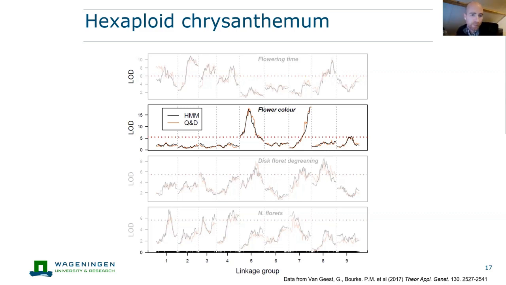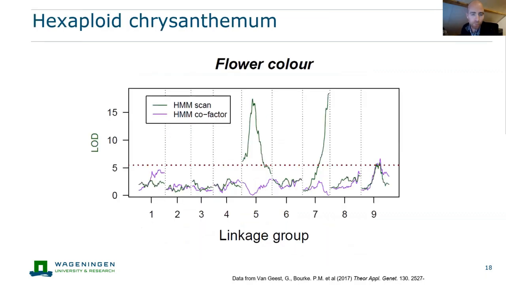for flower color in chrysanthemum in this population, we found 2 major QTLs. So we were able to fit them both as cofactors in a second genome-wide scan. What you see here is that those 2 major peaks in green have disappeared, and what we picked up is this extra QTL on linkage group 9, which was borderline significant before we had fit them as cofactors, but here it pops up.